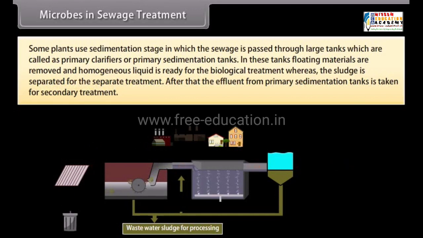In these tanks, floating materials are removed and a homogeneous liquid is ready for the biological treatment, whereas the sludge is separated for separate treatment. After that, the effluent from primary sedimentation tanks is taken for secondary treatment.